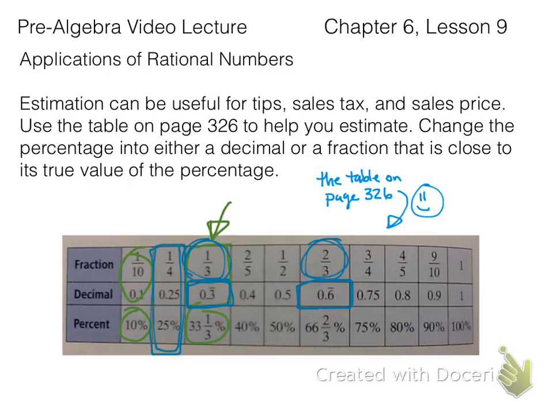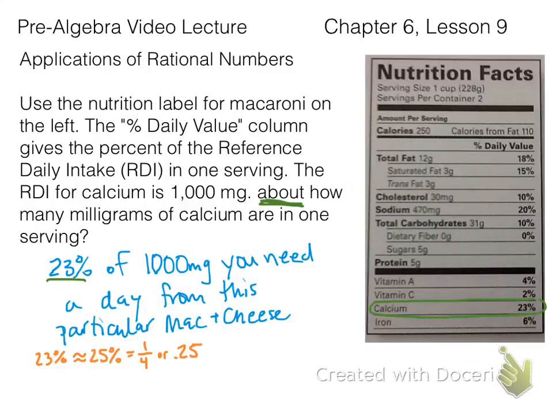So we can either use a fourth or 0.25 when doing the math. All right? So again, 23% is very close to 25%, which is the same as 1/4 or 0.25.